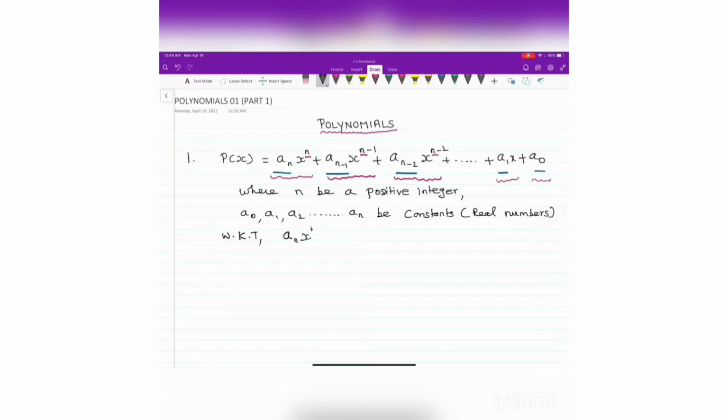An x power n, an minus 1 x to the power n minus 1, an minus 2 x to the power n minus 2, etc., then a1x, a naught are all terms of the given polynomial.